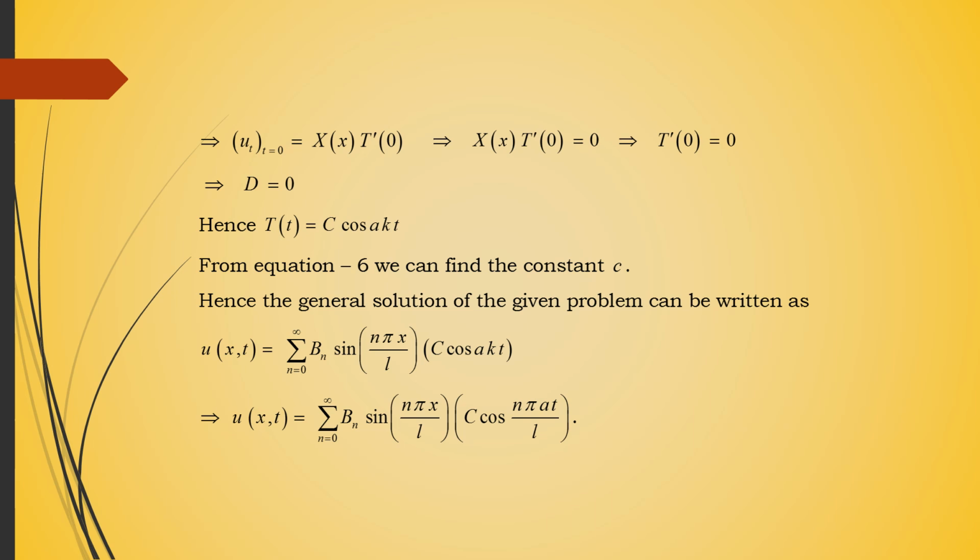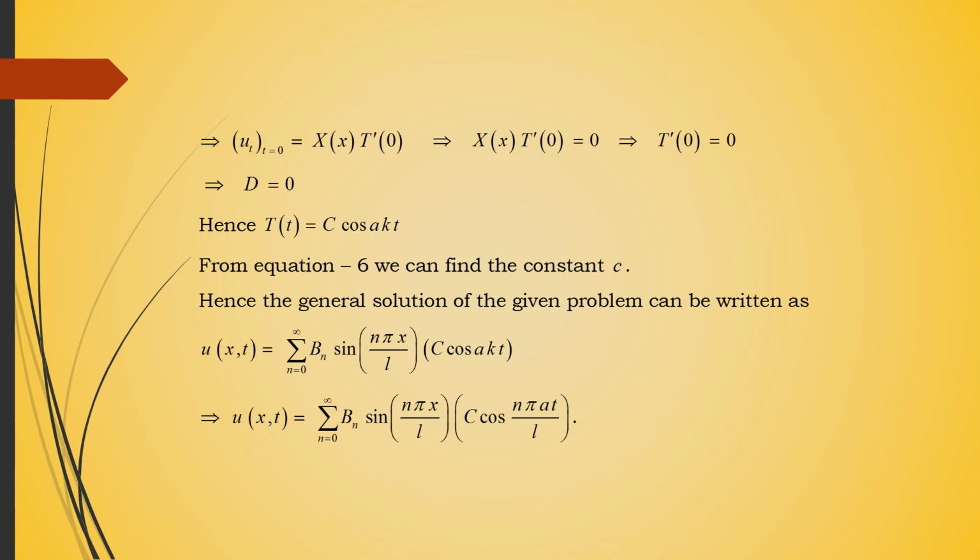That implies either X(x) equals 0 or T'(0) equals 0. If we suppose X(x) is equal to 0, we obtain the trivial solution only. But we don't want the trivial solution. So we must take T'(0) equals 0.